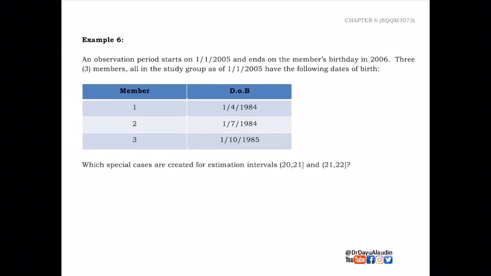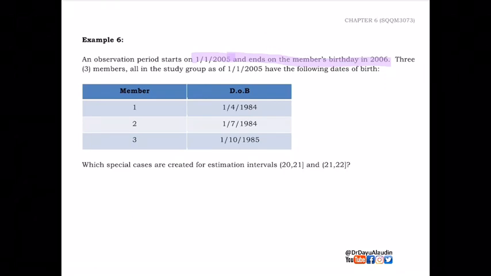Okay, let's do example 6. We have 3 members here. We have the information of the observation period from 1st January 2005 until the member's birthday in 2006. 3 members, all in the study group as of 1st January, have the following date of birth.